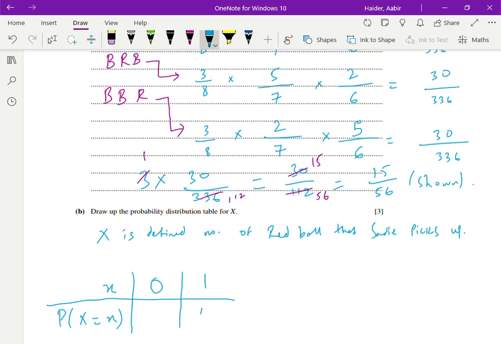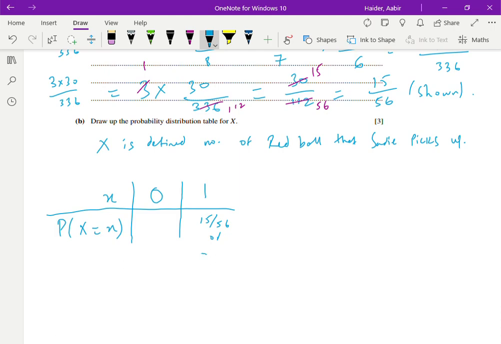Let's copy it down here, 15 over 56, or also write its full form that came out to be 30 times 3 over 336. So that should be 90 over 336. Let's write this as well as we did in the previous question, so it will be helpful for us in the calculations.